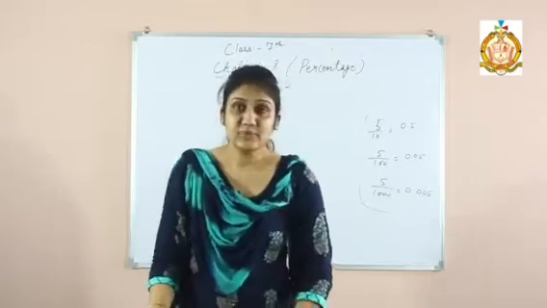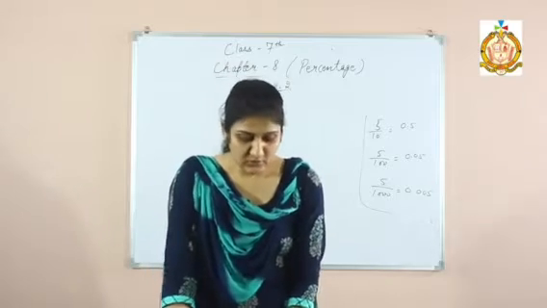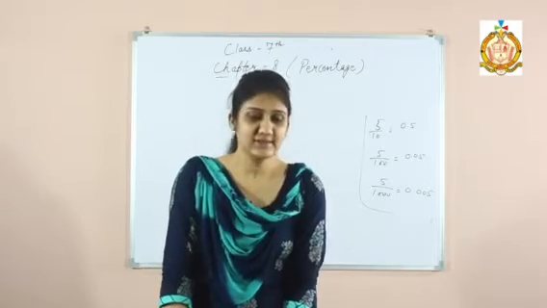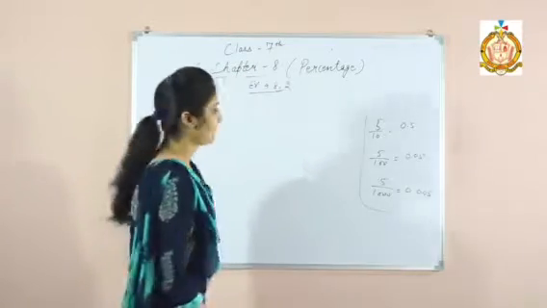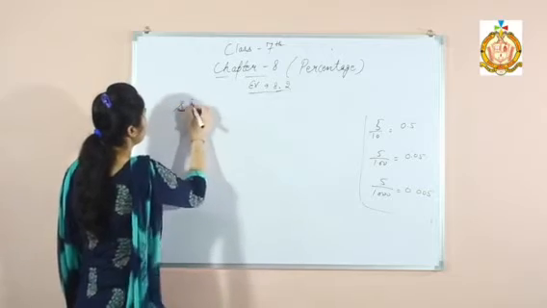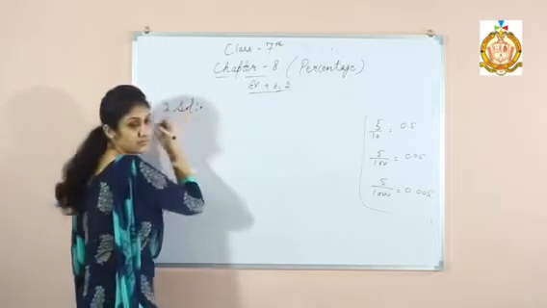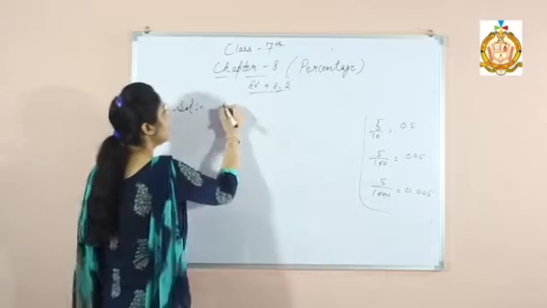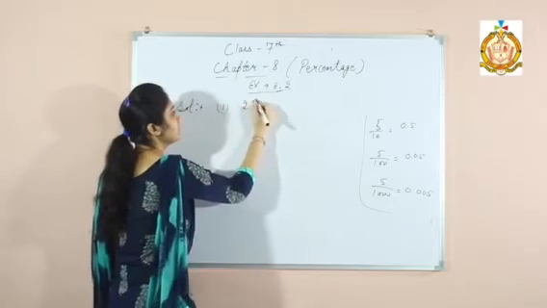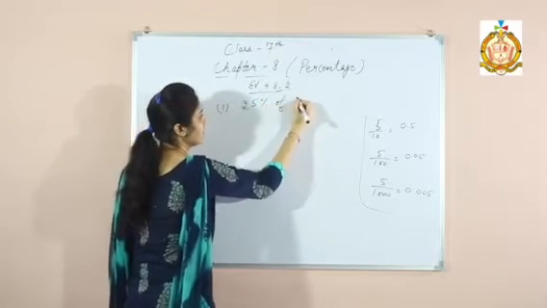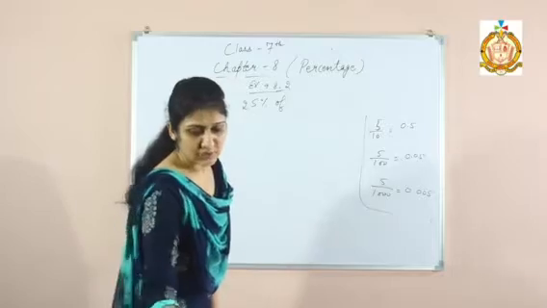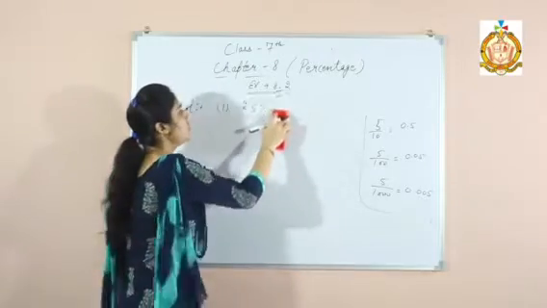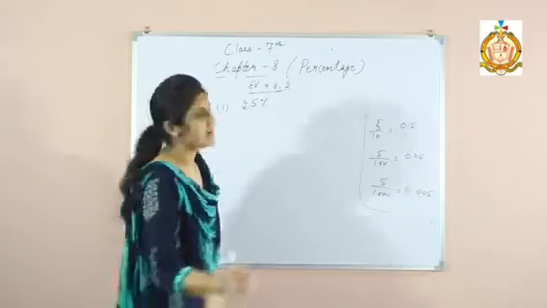In the second sum, we have to find the number whose 25% is 16. I am doing the first part of the second sum. 25% of 16. Sorry, we have to find the number whose 25% is 16.